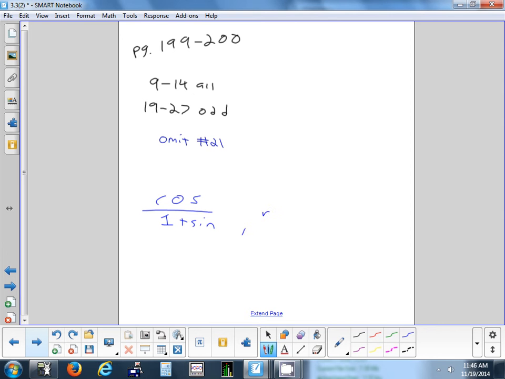Like they'll say multiply top and bottom by 1 minus sine. So you're not actually verifying an identity. You're just doing a direction they asked you to do. And that's it. But then I think 19 through 27, those are proving identities.